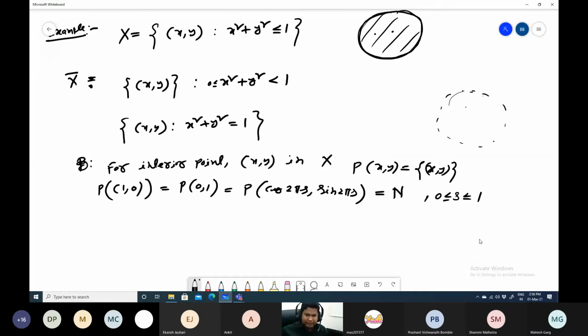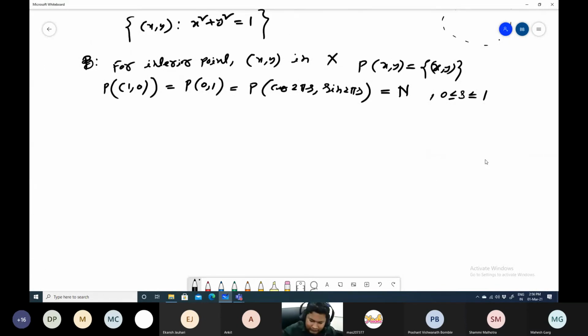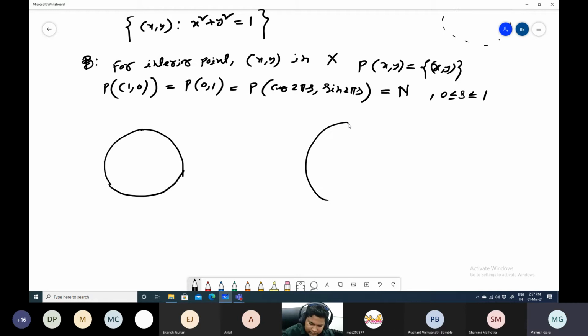So this is your disk and this is your sphere. And this boundary actually goes to this point, and say this point is S.